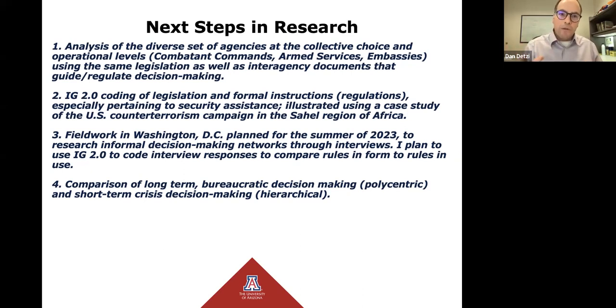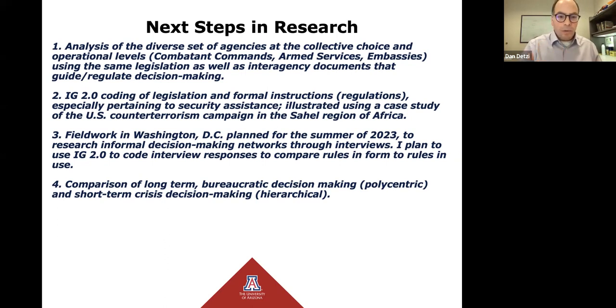What I just pulled out as far as rule types in the formal construct, there's nothing really designated in those national security strategy documents or legislation that talks about these lower levels of bureaucracy. So the interviews I hope to pull out are these informal decision-making, I guess you can call them, action situations.